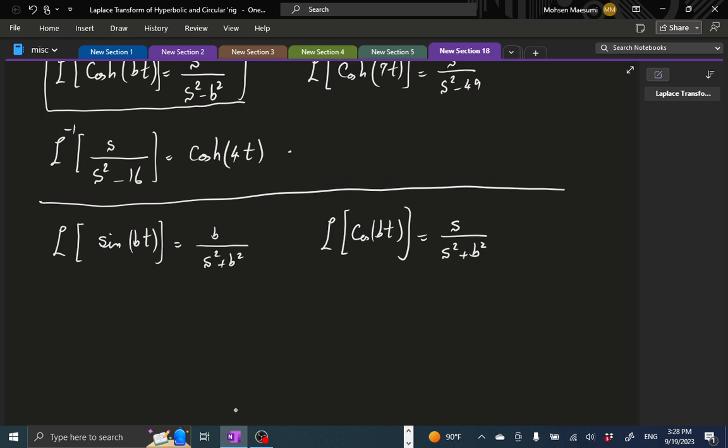Now, derivation of these two formulas, there are quite a few different ways of approaching them. Any textbook that you study is going to have at least one method of doing this, and perhaps some other methods are delegated to the exercises.